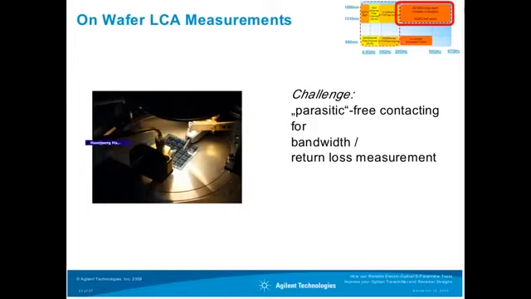Usually, if you do calibrations, the calibration is to the coaxial interface, but then you again need to extend the calibration plane to the plane where the probe tip connects to the device under test.